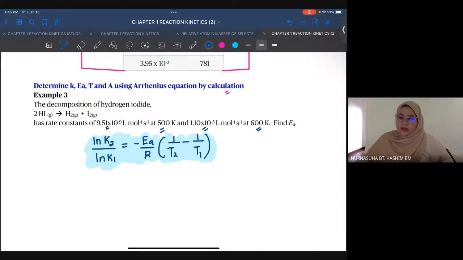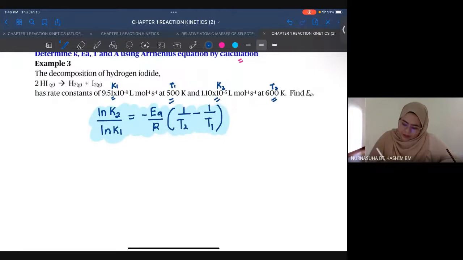If you ask me, madam, macam mana nak tahu dia K1 yang itu K2? Okay, K1, K2. So whichever you found first, that is K1. Macam ni kan? K1, T1. K2, T2. Label siap-siap lah. So, ln K2, biasanya student silap dekat sini lah. Sebab tertukar.